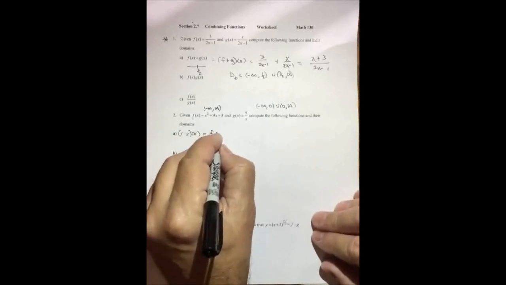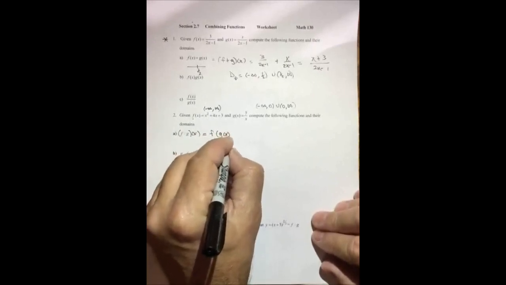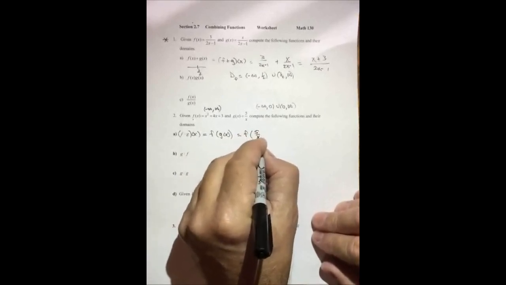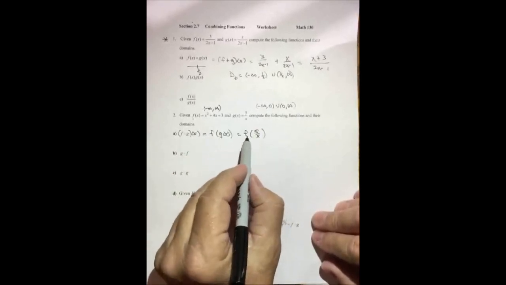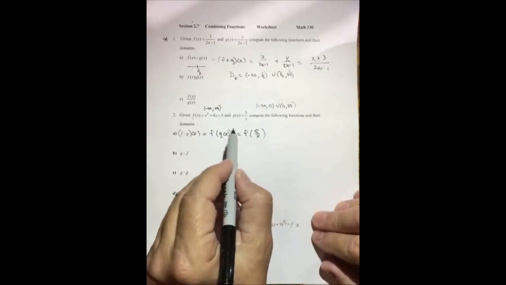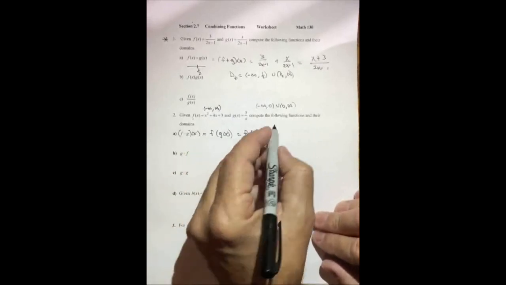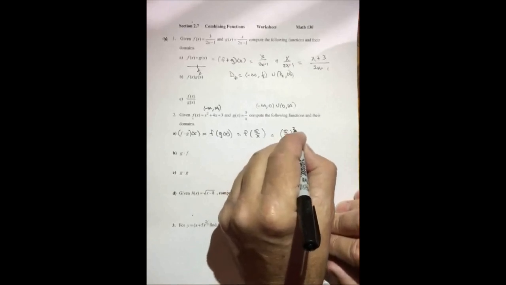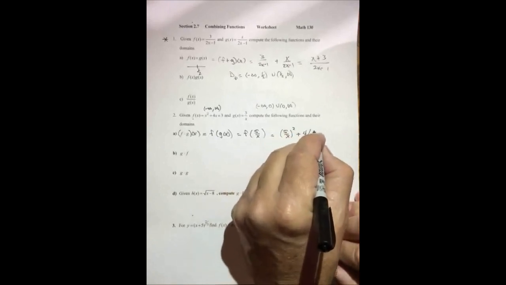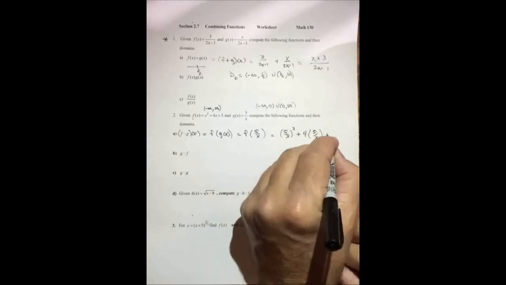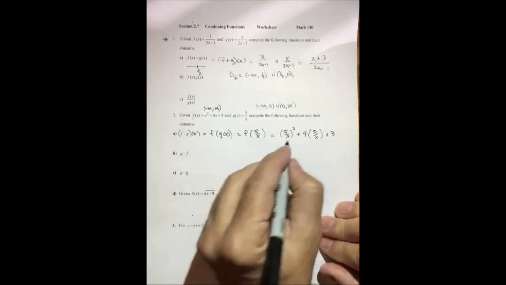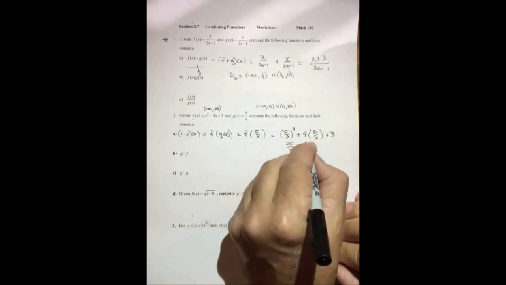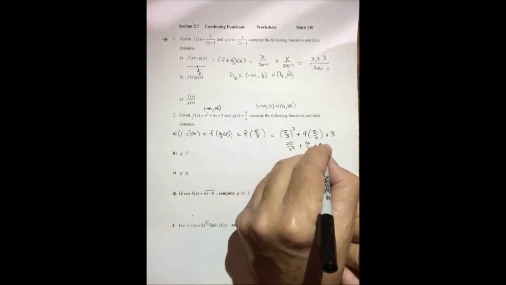The definition is f evaluated at g of x. So that's going to be f evaluated at 5 over x, right? And that means everywhere in the function f that you have an x, you're going to put in 5 over x. So this is going to be 5 over x squared plus 4 times 5 over x plus 3. So that's 25 over x squared, 20 over x, plus 3.